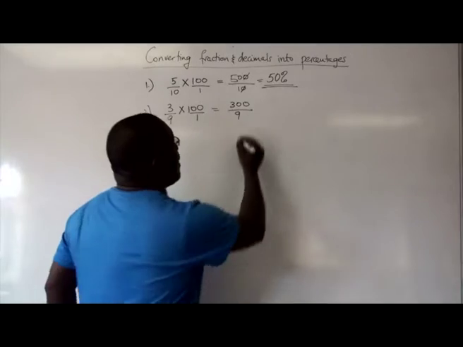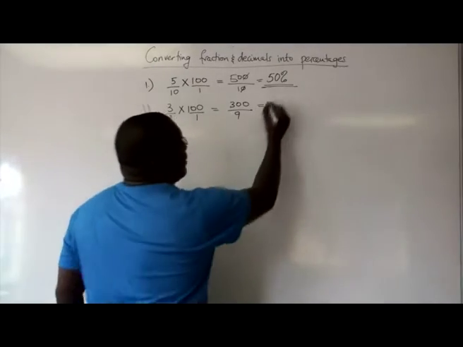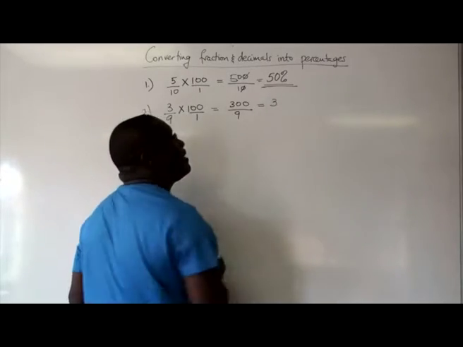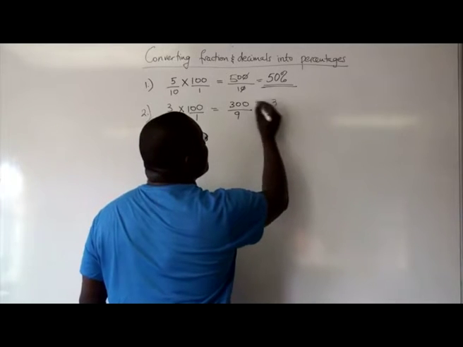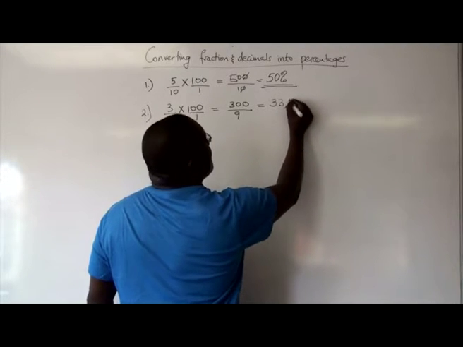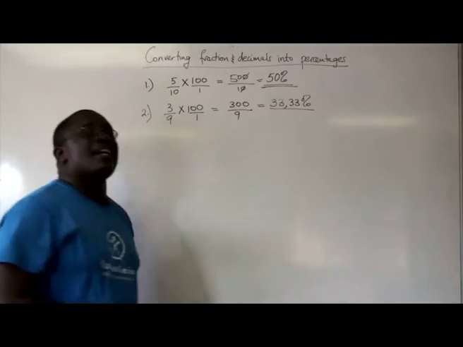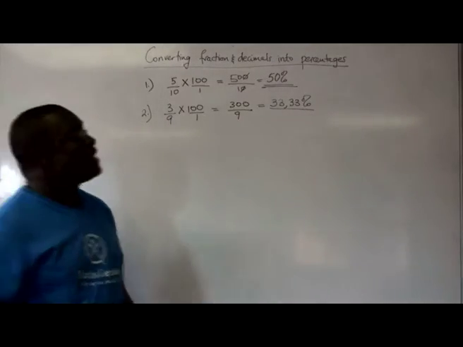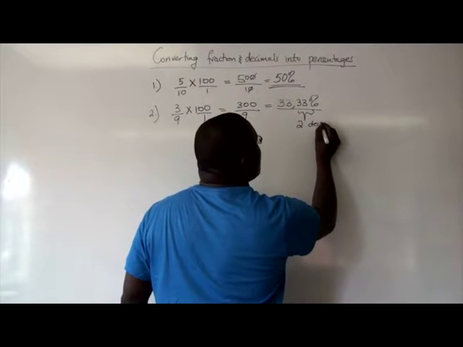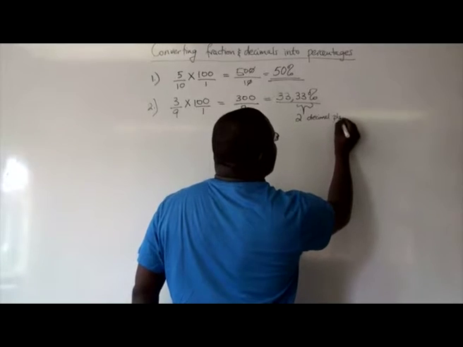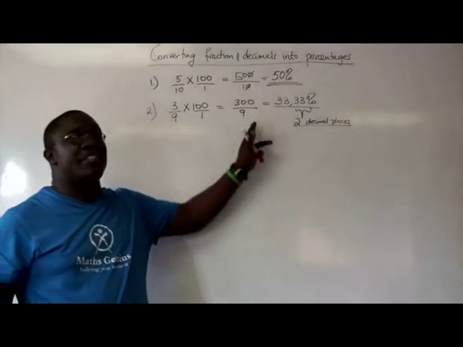And then, if you have to divide this now, 9 into 30, it's 3, right? 9 into 30 again, 3. It's going to continue, but you see, because we're dealing with percentage it is always to 2 decimal places. So I know most of you will be using calculators to do the division.